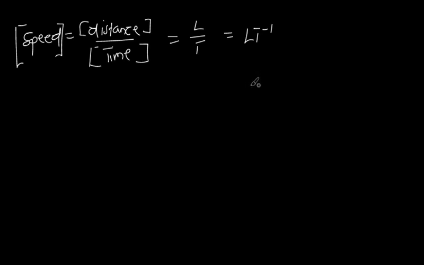Let's have a look at another example. Area. The dimensional equation for area. If you have to find the area of a rectangle or a square, you normally use the length multiplied by the breadth.